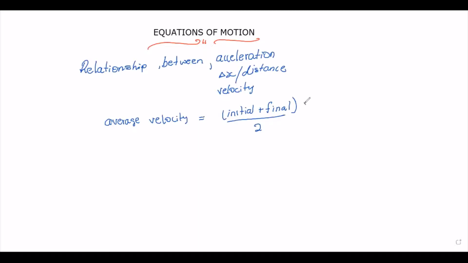We use V to denote velocity. And for V, this will be the initial velocity, and that will denote the final velocity, and this will be the initial velocity.